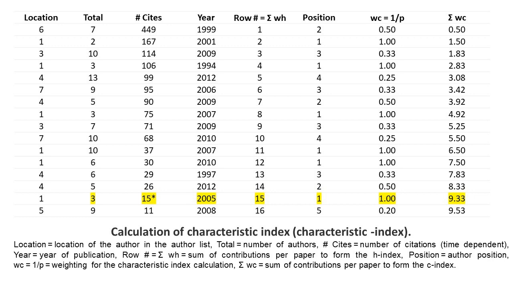Now, similarly, you go on doing this exercise, and what happens? See, there are two more columns. WC stands for the weighted characteristic score. So for first position, you get 1 by 1, that is 1. For second position, you get 1 by 2, that is 0.50. For third position, you get 0.33.